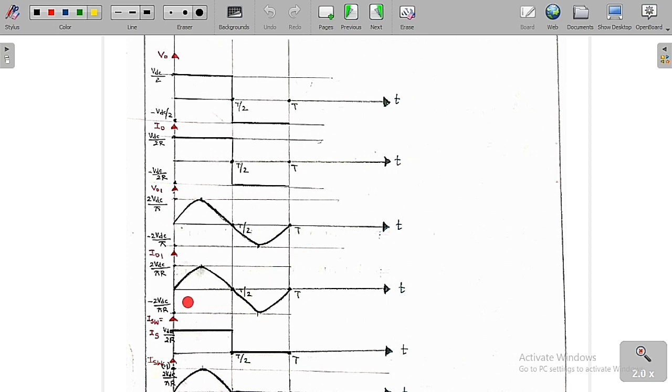Whereas the fundamental output current is 2 VDC by pi R into sine omega naught t. This is the equation we get. So these are the two plots we have already drawn.